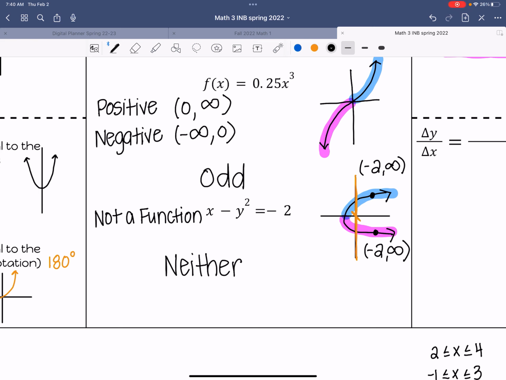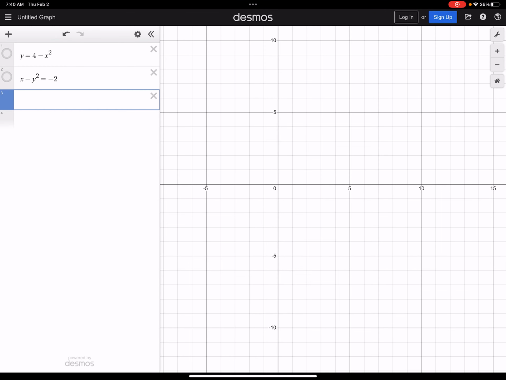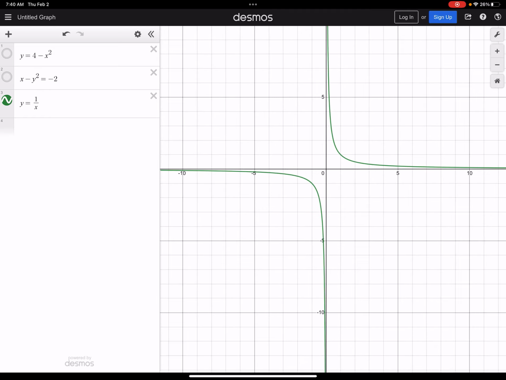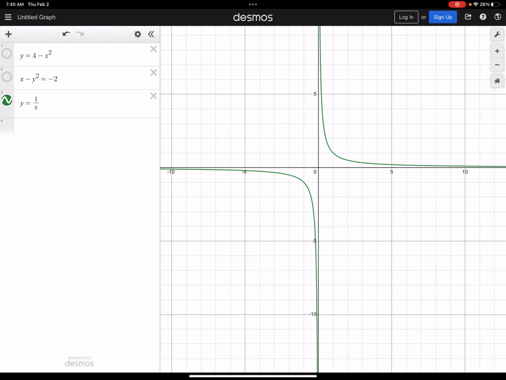Now, let's look at another graph because one of the things that I wanted to look at is some rotational odd symmetry that doesn't necessarily touch the origin. So right here, I can see that in this particular section it doesn't necessarily touch the origin.